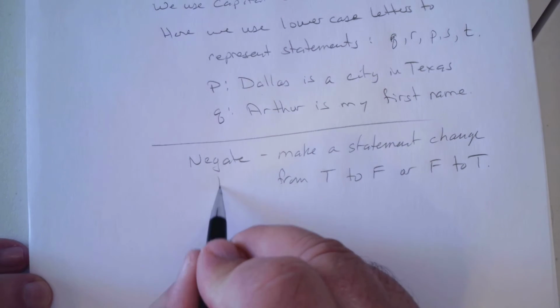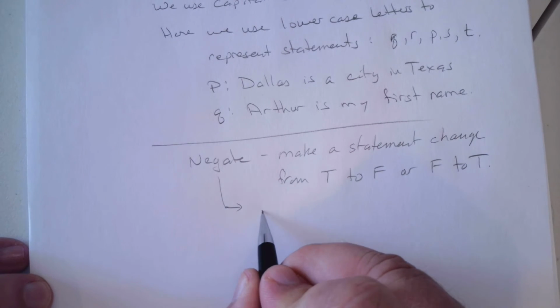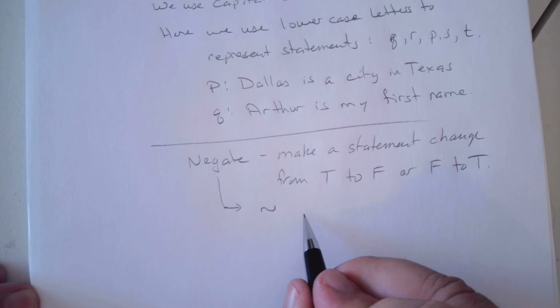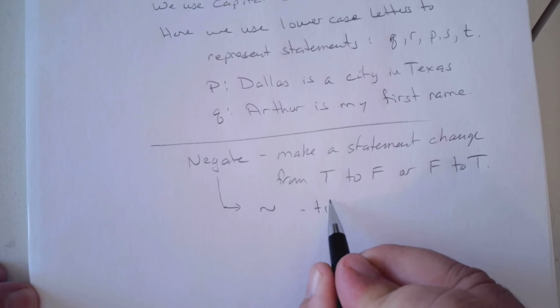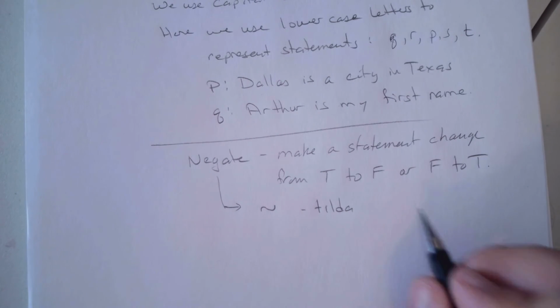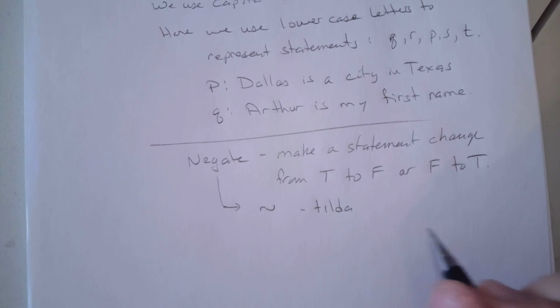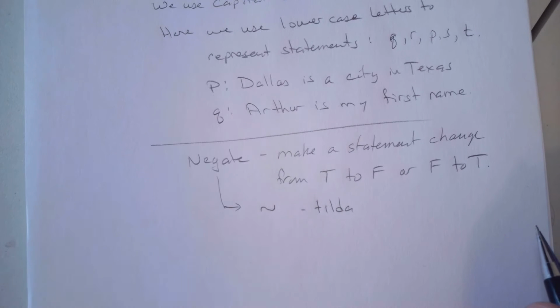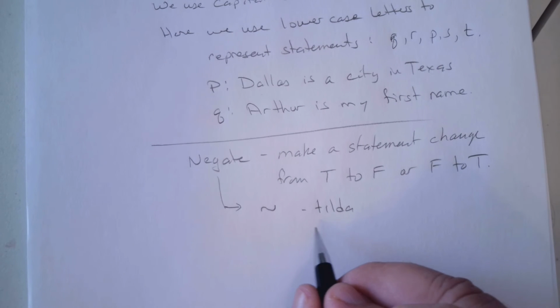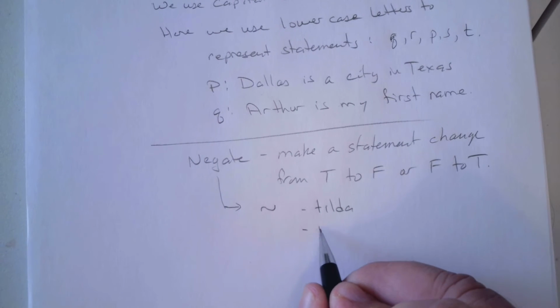When we talk about negation, we use the tilde. On your computer, it is to the left of the number one key. You hit shift and the button to the left of number one, there's a squiggle, the tilde. It's read as not.